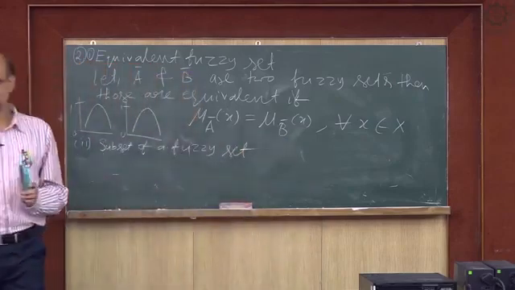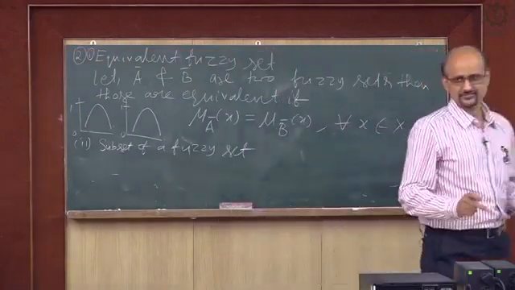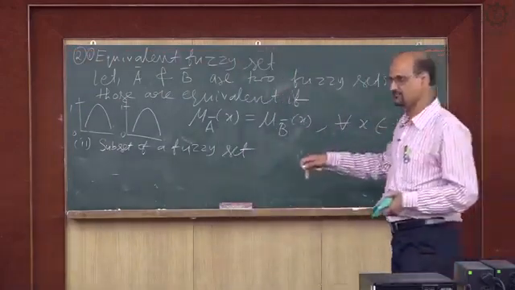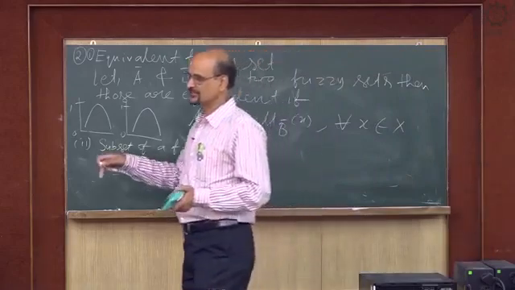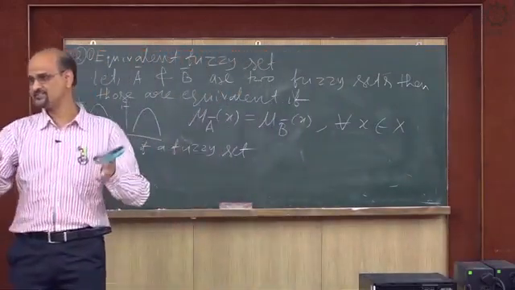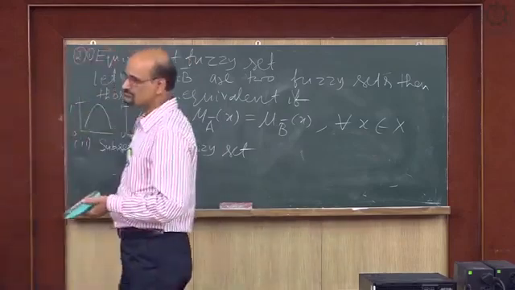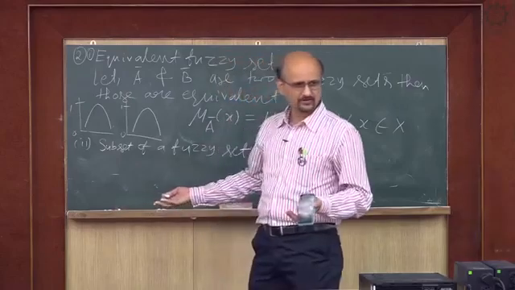A fuzzy set A bar is said to be a subset of a fuzzy set B bar if the membership function of the first one, that is A, is less than or equal to the membership function of fuzzy set B bar.